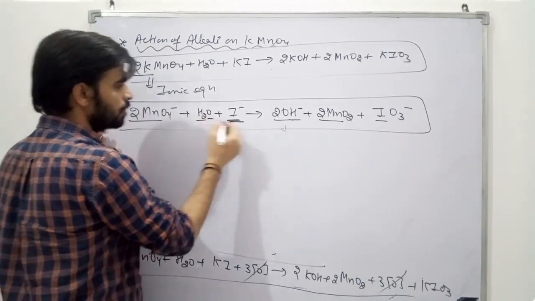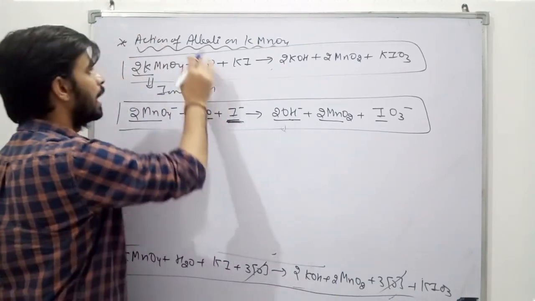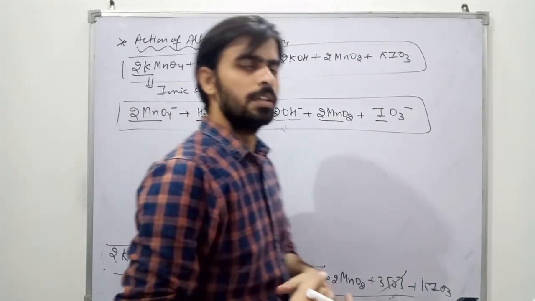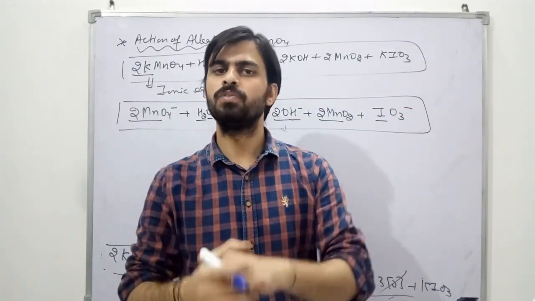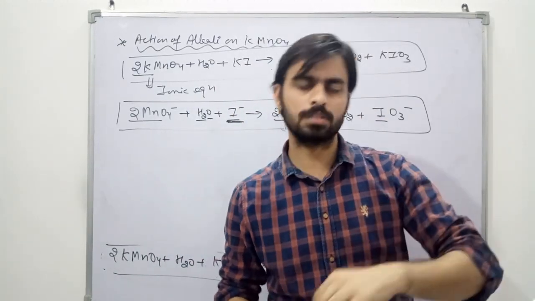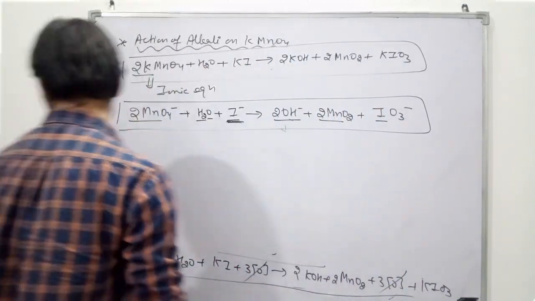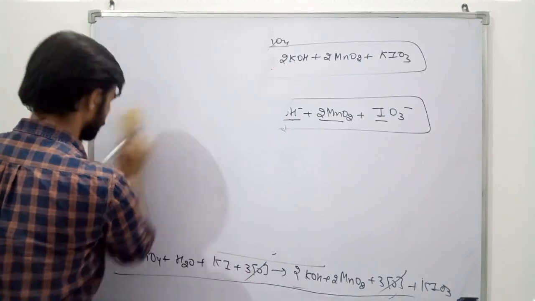So there are lots of elements which can be oxidized with the help of alkaline KMnO4. Now we also have acidified potassium permanganate, which oxidizes some compounds. So let's start with acidified KMnO4.